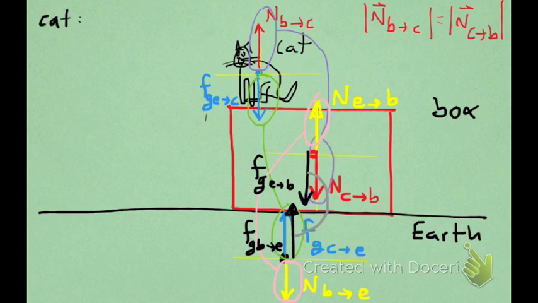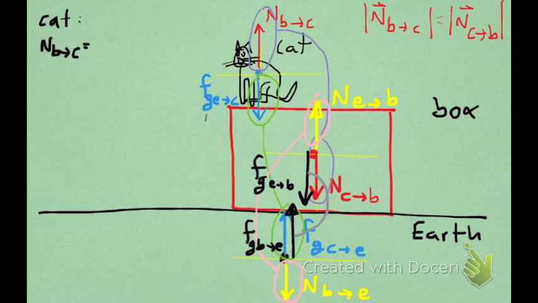Having done the free body diagram, we can proceed to write Newton's second law acting on each one of these objects. So let's start with the cat. We have two forces acting on the cat. One is positive, the other one is negative.